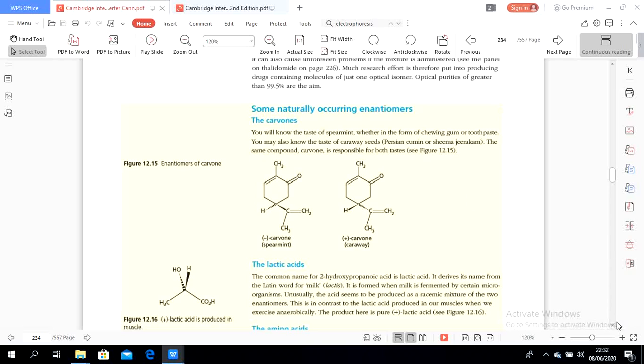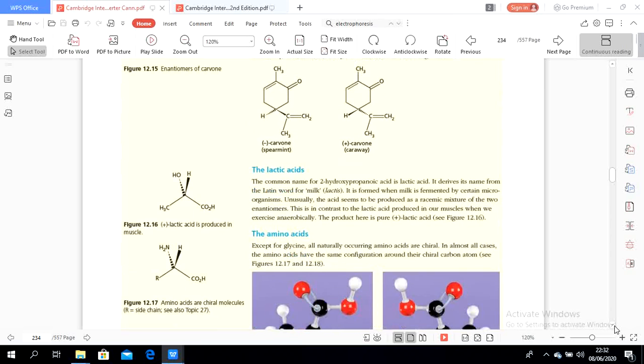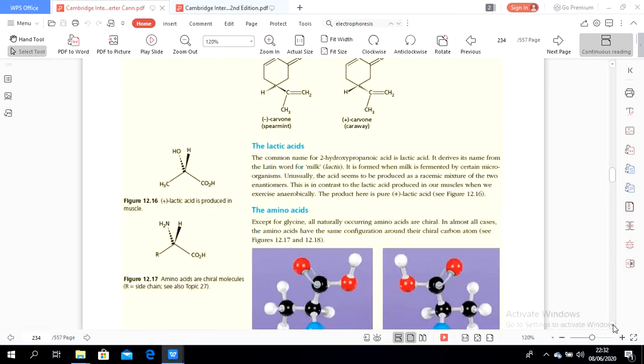Okay, next, lactic acid. Lactic acid also contains a chiral center, so it can rotate the plane of light. Lactic acid is this one, drawn in skeletal form.